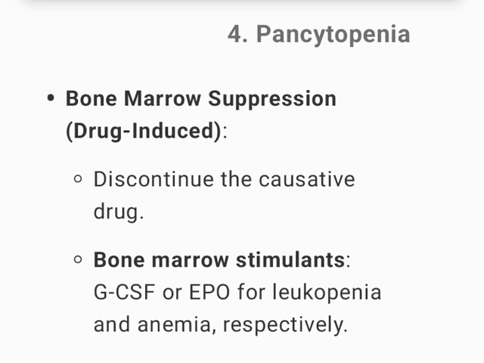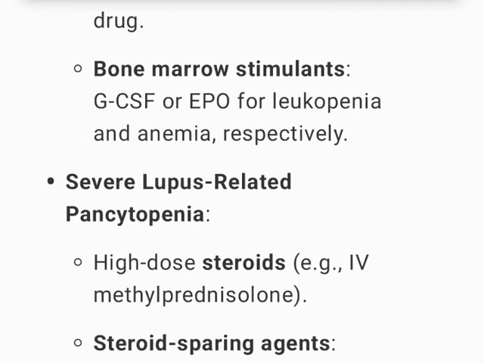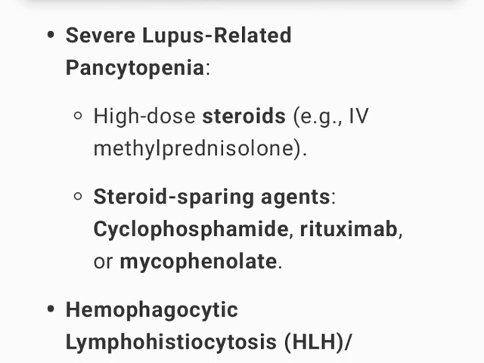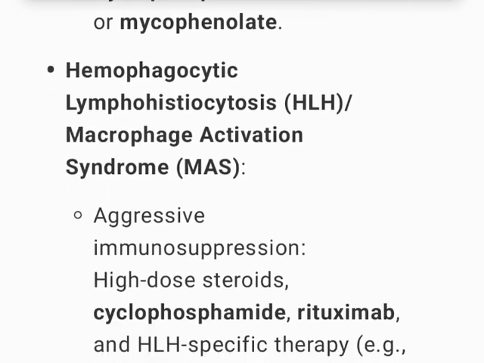4. Pancytopenia. Bone marrow suppression, drug-induced: discontinue the causative drug. Bone marrow stimulants, GCSF or EPO, for leukopenia and anemia respectively. Severe lupus-related pancytopenia: high-dose steroids, e.g. IV methylprednisolone. Steroid-sparing agents: cyclophosphamide, rituximab, or mycophenolate.